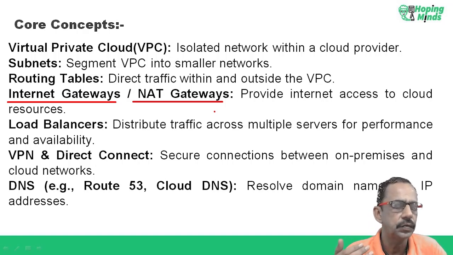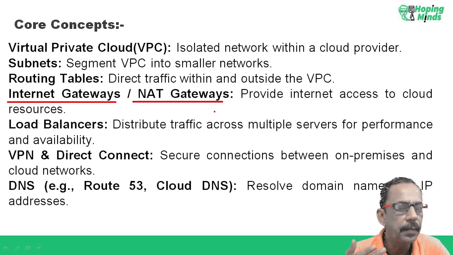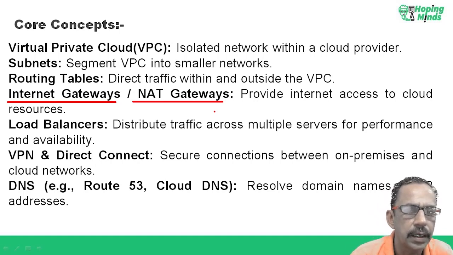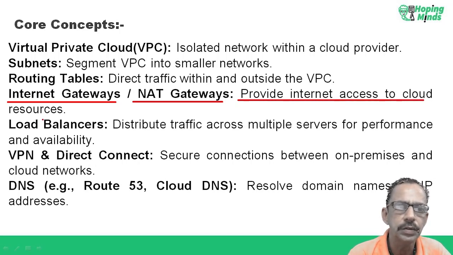For public IP or public subnet, we use the internet gateway for any type of internet communication. NAT gateway also forwards the traffic to the internet gateway finally. So it provides the internet access to the cloud resources.